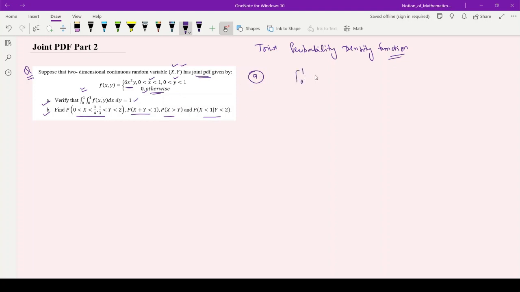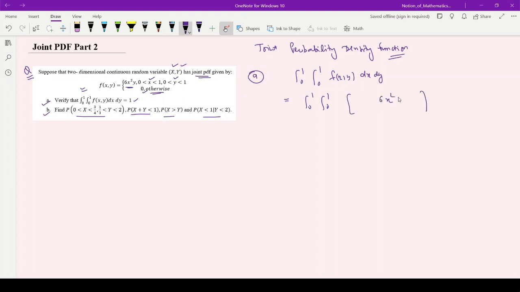So we have to verify that the integral from 0 to 1, 0 to 1, of f(x,y) dx dy equals 1. I will be evaluating this part. Here x is from 0 to 1, y is from 0 to 1. For this particular range, what is the value of f(x,y)?